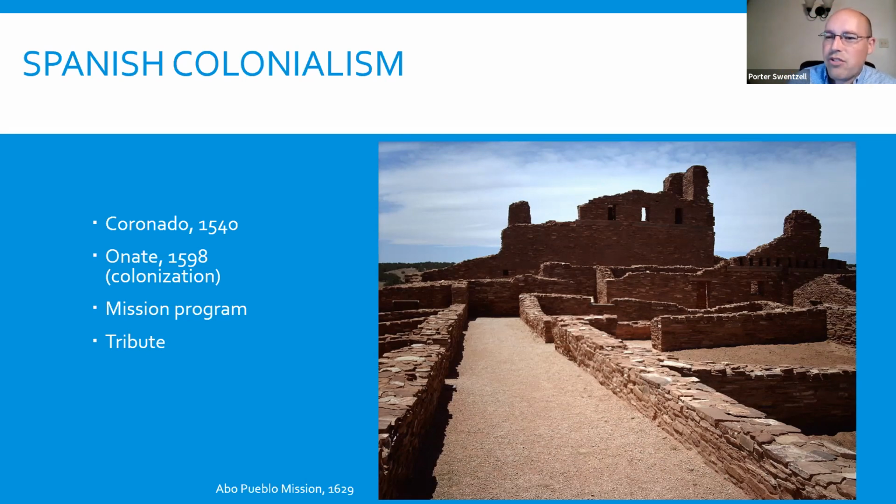And the most influential part of that colonial project really has to do with the picture on the right-hand side, which is one of the remnants of one of the many missions that were constructed in the first several decades after Oñate came into New Mexico. Within the first 20 to 30 years, the records indicate that they had constructed about 60 missions in New Mexico.